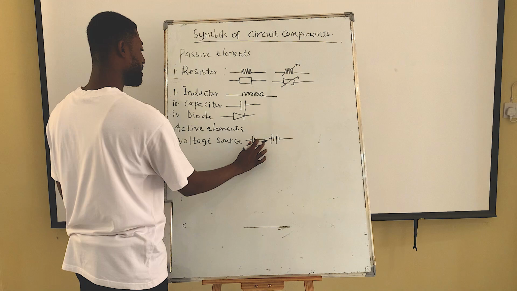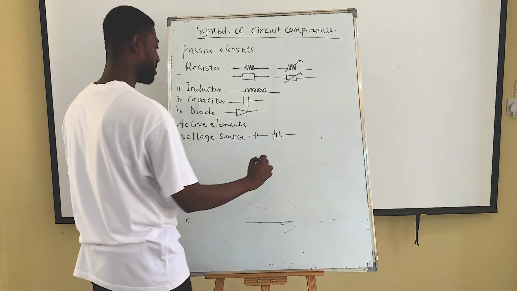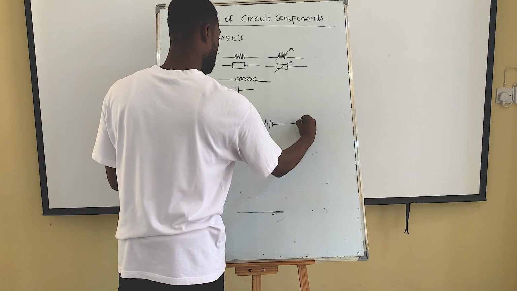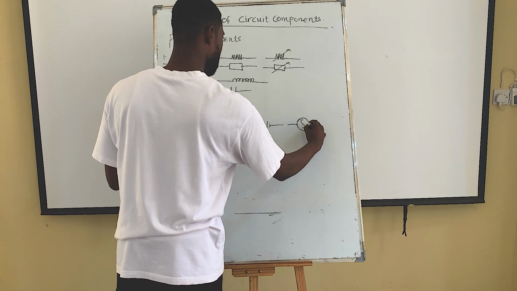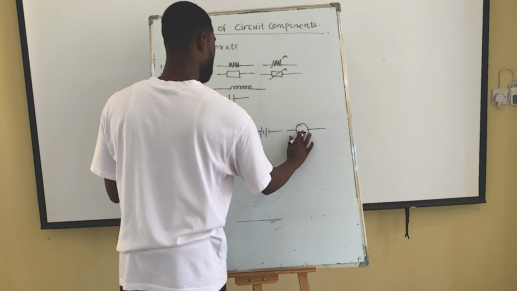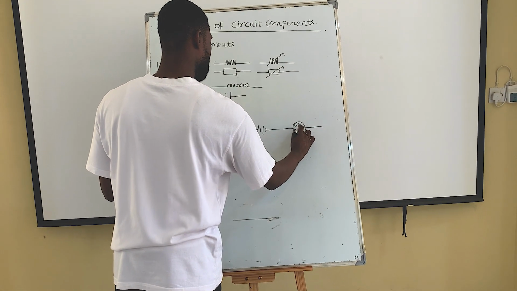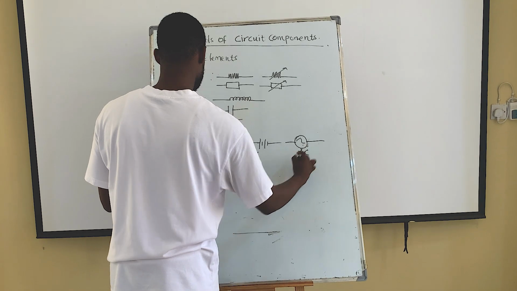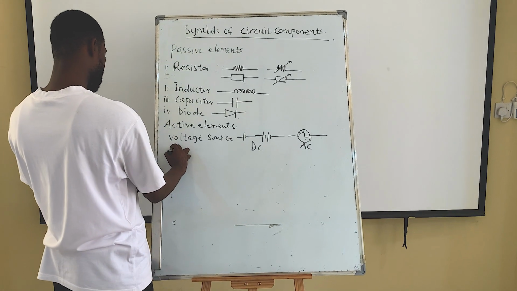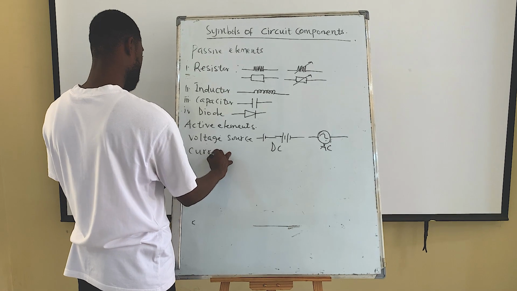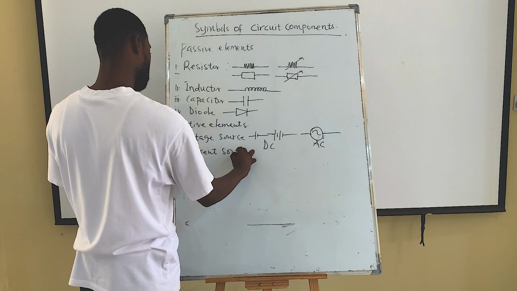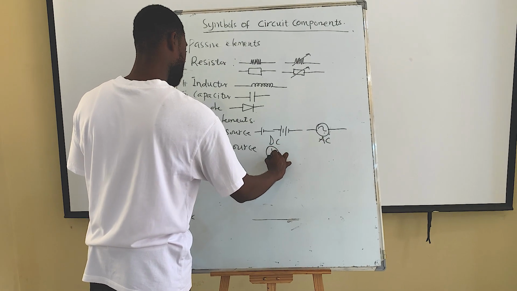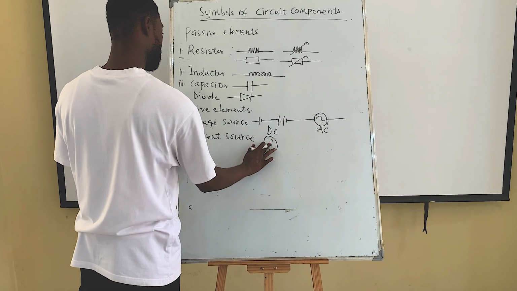These are DC sources, but for AC voltage sources, we are going to use this. So this is the DC voltage source, and this is the AC voltage source. Then the current source. I'm basically going to use this as our current source.